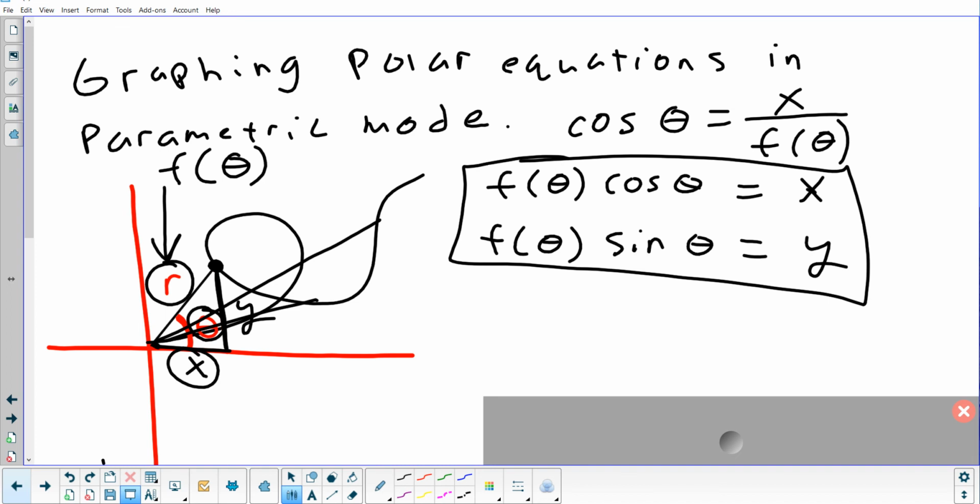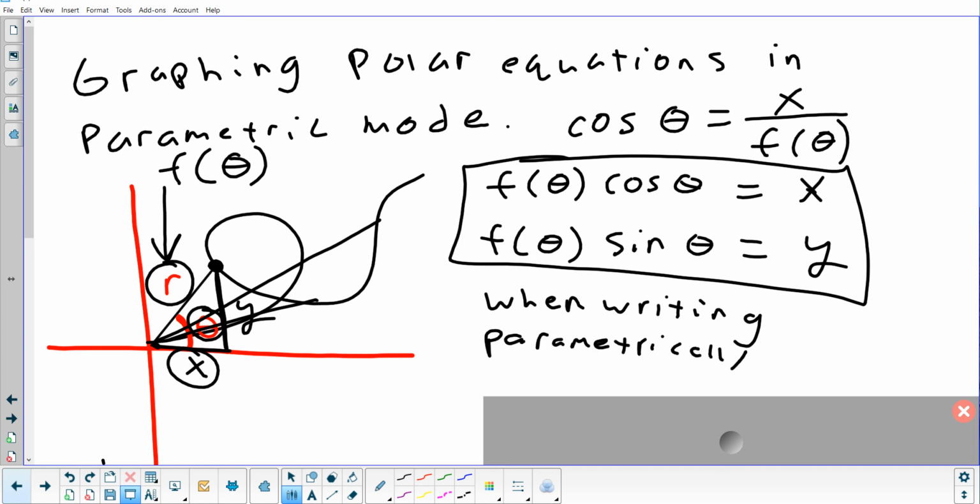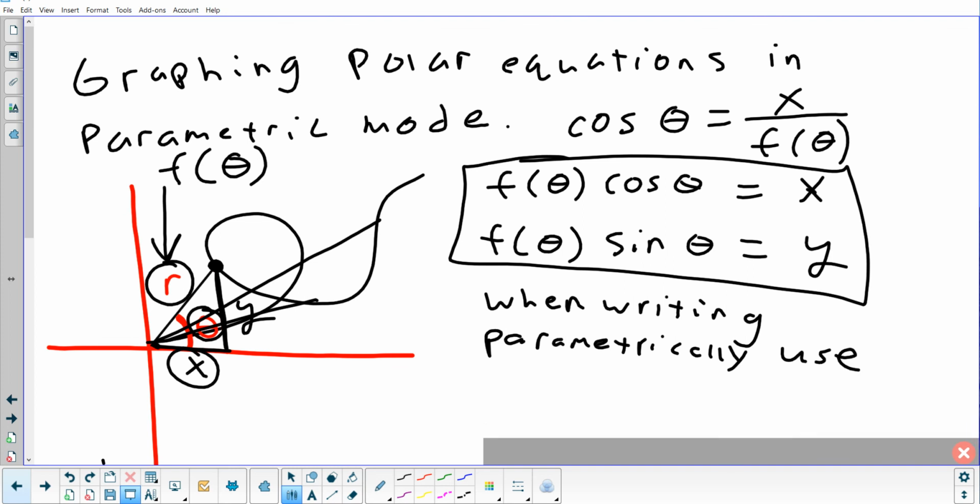Now, the only thing we have to remember when we write this in parametric, what variable do we use? We don't use theta. We use what? T. So, when writing parametrically, use t in place of theta.